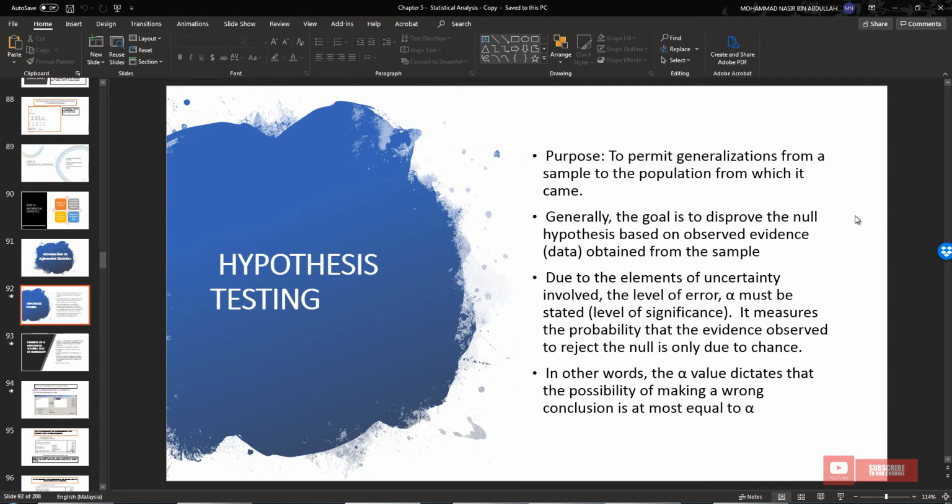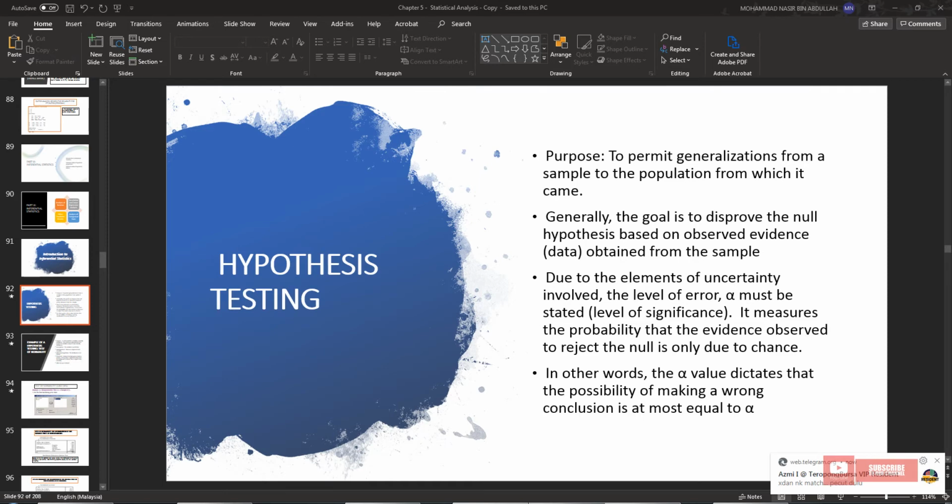So the purpose of hypothesis testing is to permit generalization from a sample to the population from which it came. Generally the goal is to disprove the null hypothesis based on the observed evidence obtained from the sample. So we do inferential statistics to test our hypothesis, to see whether the null hypothesis is wrong, right?